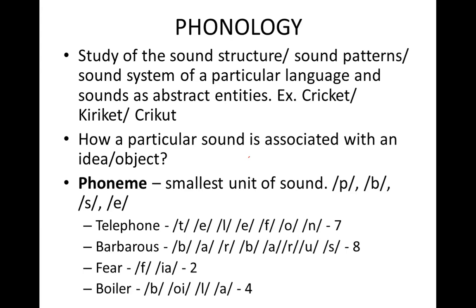But when I say syllables, telephone is trisyllabic. So syllables are different, phonemes are different. Next, barbarous. I've taken long, big words so that it's easier for you to learn. B, A, R, B, A, R, A, S: 8 phonemes.